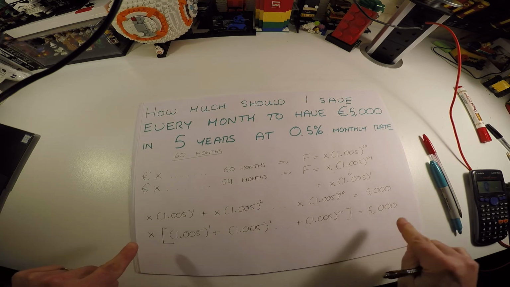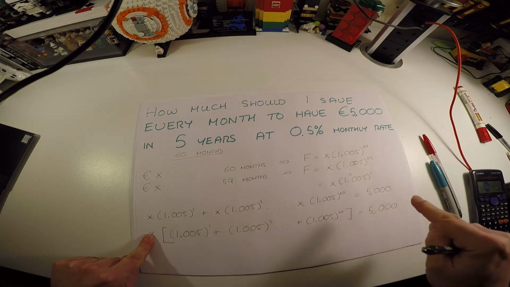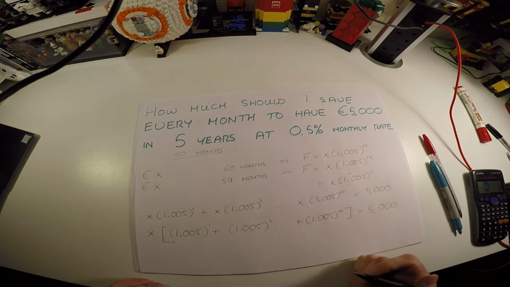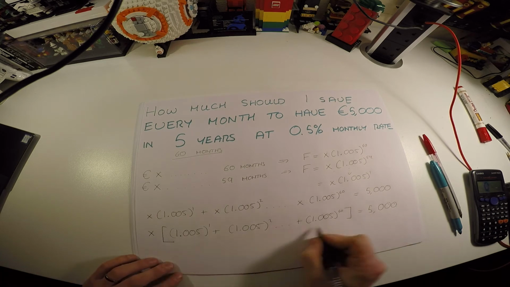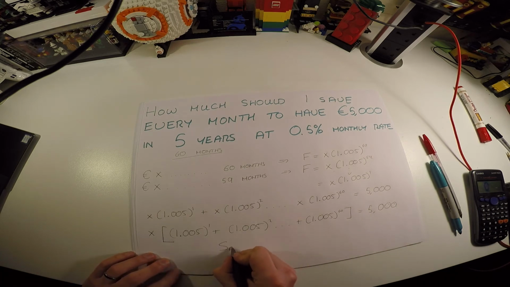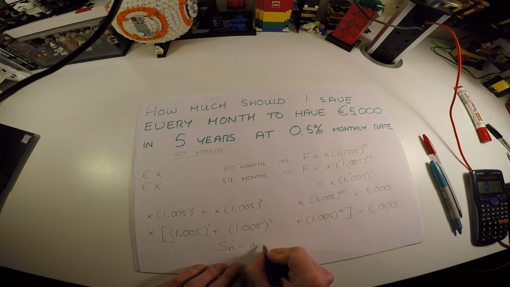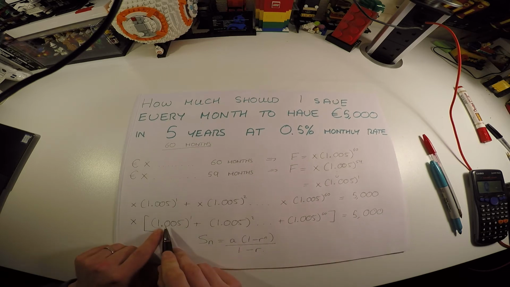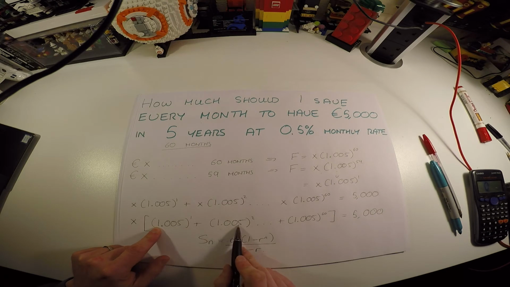Now, disregarding this X here, let's look in these square brackets. Inside these square brackets, we have a geometric series, which is a pretty easy geometric series. Why is it easy, you might ask? Well, the ratio between this term and this term is 1.005, meaning you would multiply this term by 1.005 to get 1.005 squared.